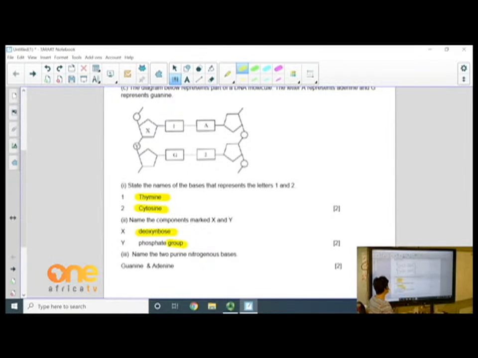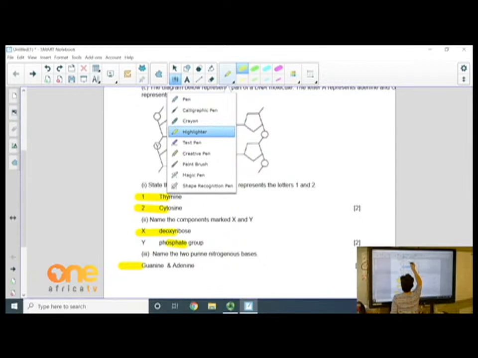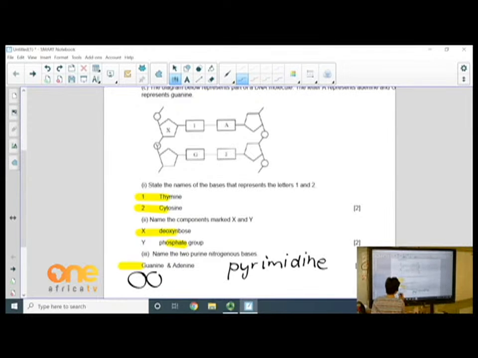Thank you. Many of you remembered that. Purines are guanine and adenine. And I realize that a way to remember: the pyrimidines are the smaller ones, the ones that have only one ring. Yes, somebody said the purines are 2 rings.